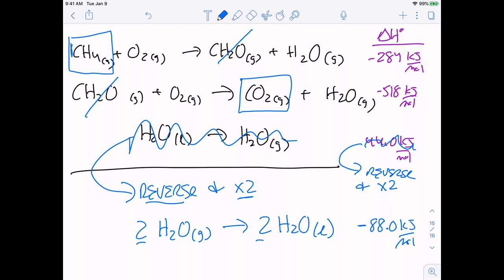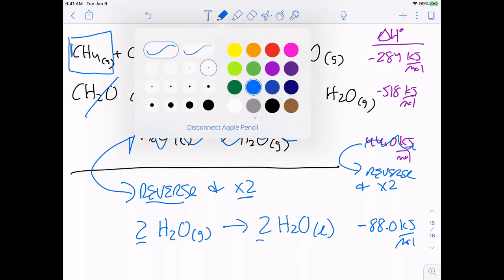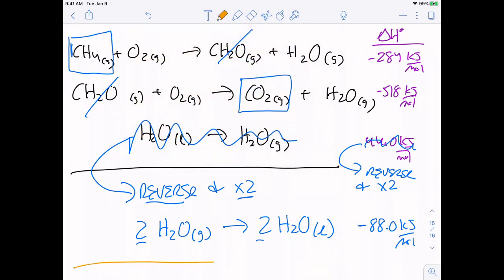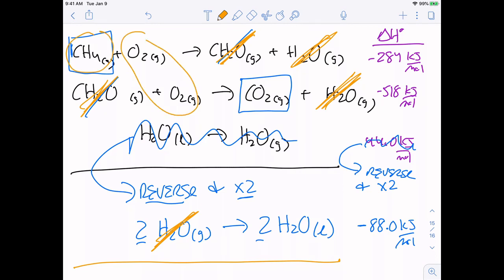When I add these together now, I'm going to pick a totally different color here. When I add them together, they should match now. So these guys canceled, right? And now these 2 water gases, they're on the product side, will actually cancel those 2 water gases that are on my reactant side. So now when I add it together, I have methane, I have 2 oxygen, and that's all I have on my reactant side.